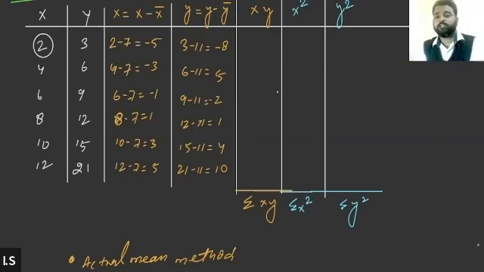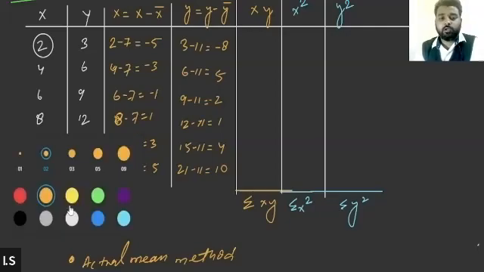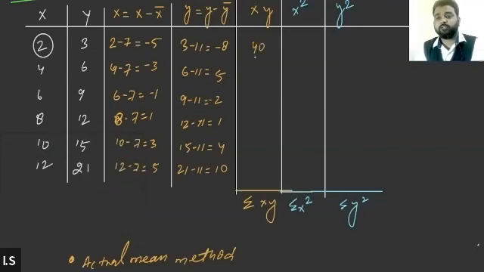Is this clear, Alexander and Steve? Yes, sir. Now what we need to do, we will simply multiply the x and y deviations. So minus 8 into minus 5 will be 40. Then minus 5 into minus 3, 15.